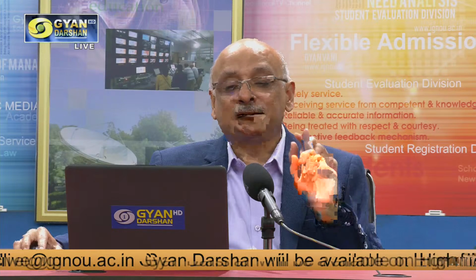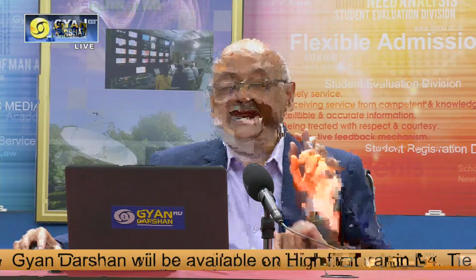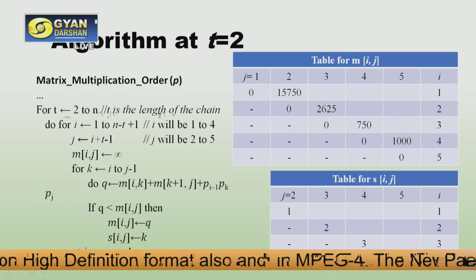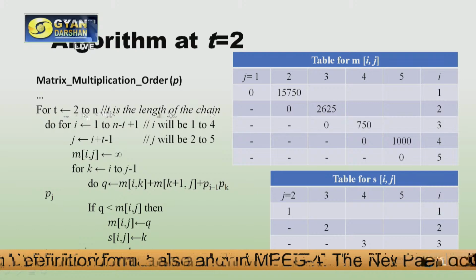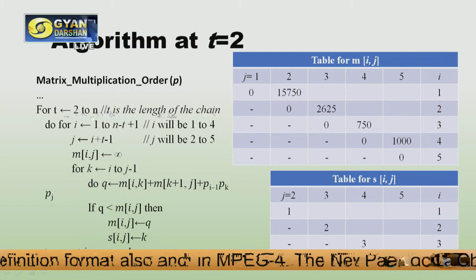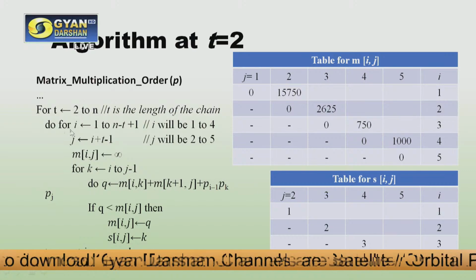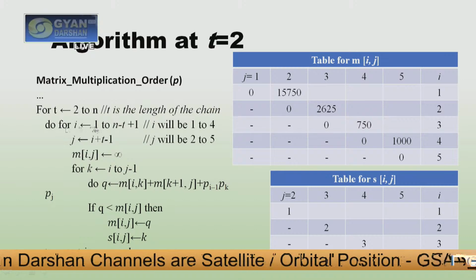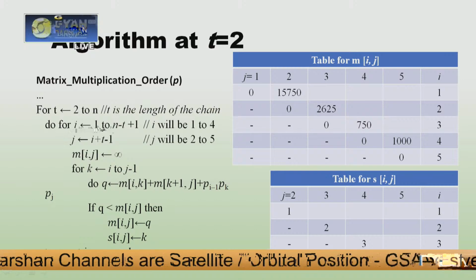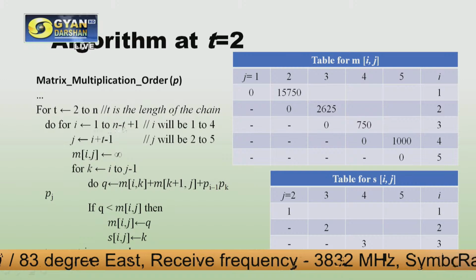So let's look into the algorithm. For T, which moves from 2 to N, which is the length of the chain, it is going to move 2, 3, 4 and 5 if we take the example of 5. Otherwise N is whatever the number is. Now for I, we start from 1 up to N minus T plus 1.